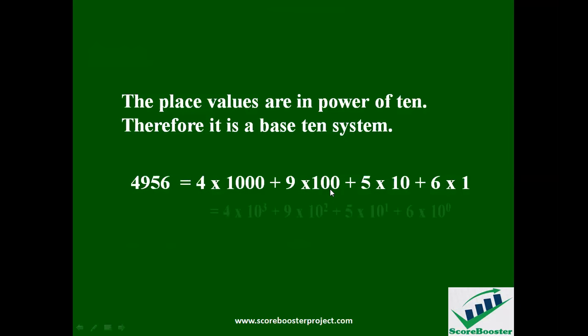You get it? So now to continue, this 1,000, I said we can just break it down in power of 10. And if you look at this, it will be 4 times 10 raised to power 3. I hope you understand how we get this 10 raised to power 3.